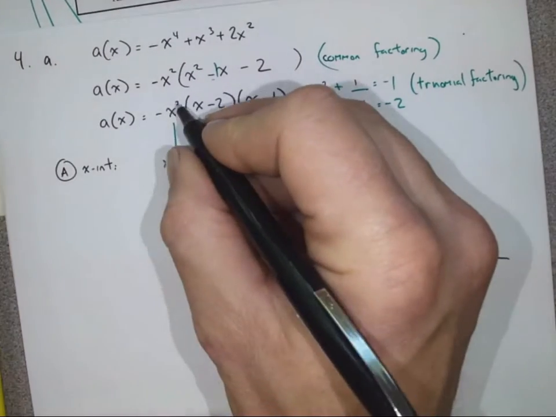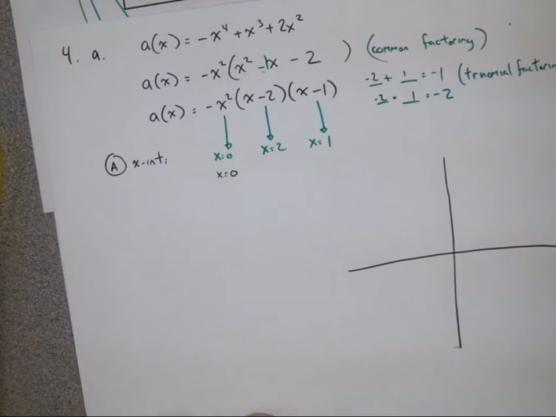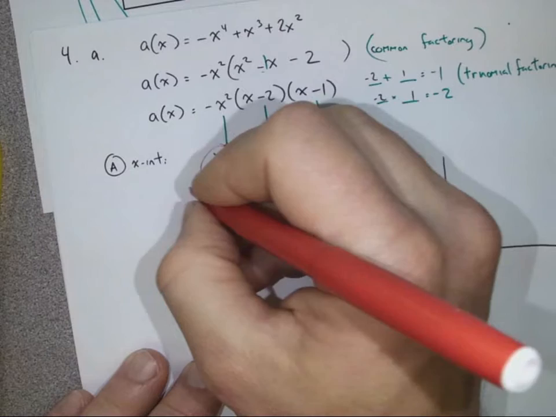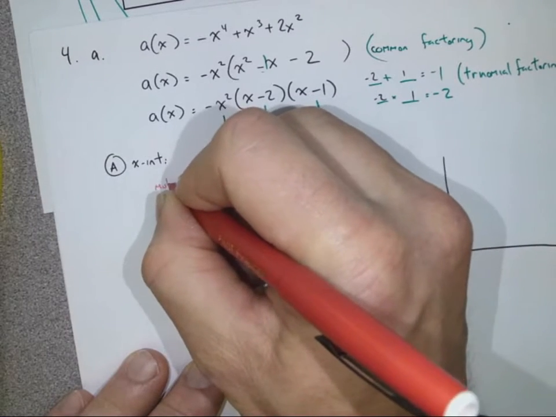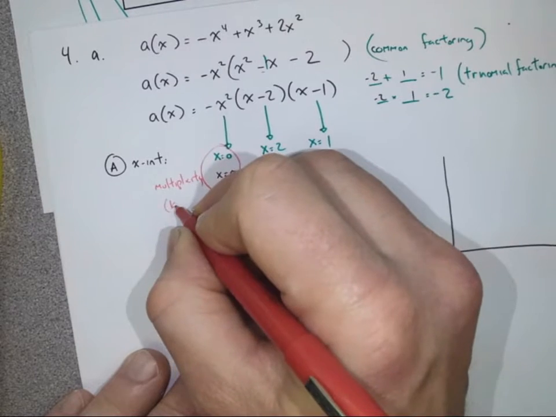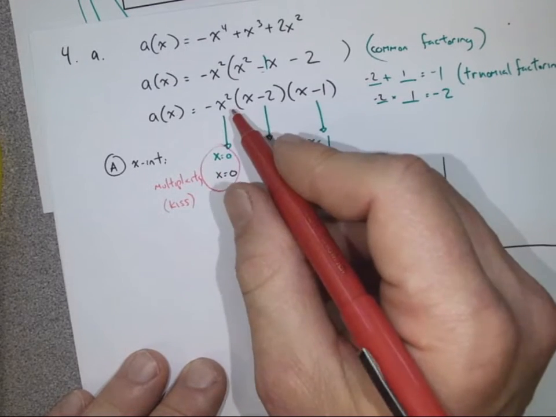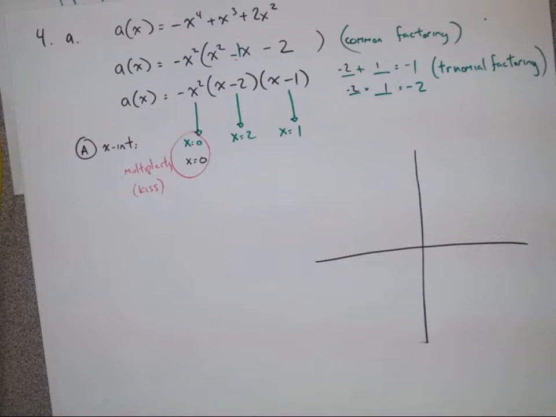Oh, and it looks like I've got multiplicity here. I'm just going to make a note of that because I can see that right there, multiplicity. And that means there will be a kiss because there are 2 roots. It is being squared. It's x and another x. I'm just abbreviating it as x squared.